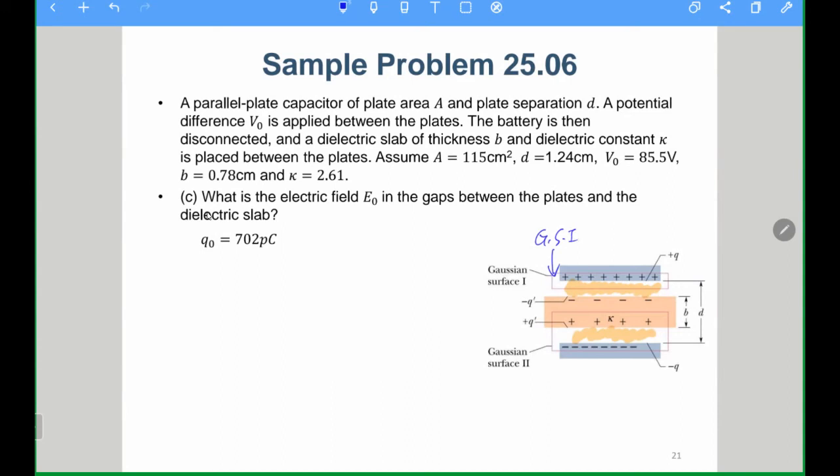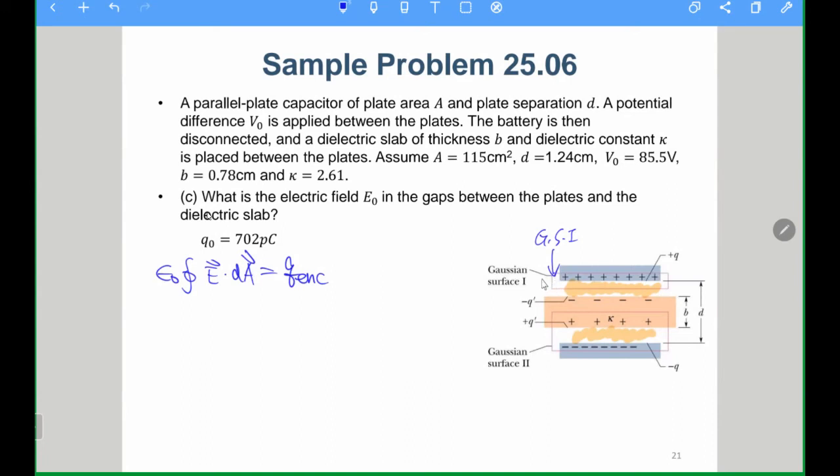Let me write out Gauss's law: epsilon naught times the integral of E dot dA equals Q enclosed. For this one, we don't have any dielectric inside this Gaussian surface. Of course, this one is like a rectangle. This part is inside the conductor, so we don't have an E field. And here, the E field is also perpendicular.